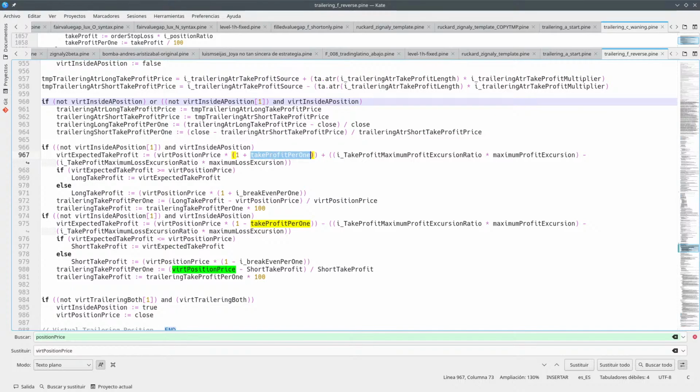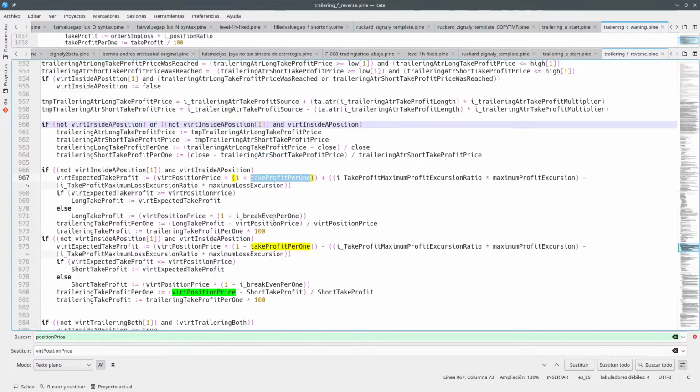So what you want to use here is, yeah, that's a good question. What do you want to use here? I mean, so this is the price.